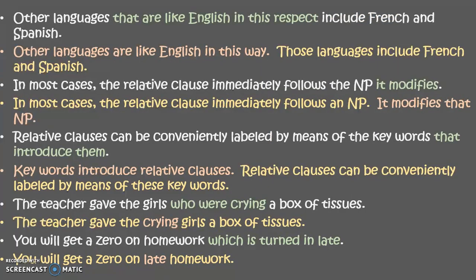So let's look at some examples of that. Other languages that are like English in this respect include French and Spanish. Now, imagine if I needed to express the same meaning in a different form. I would have to put that in two different sentences. Other languages are like English in this way. Those languages include French and Spanish.